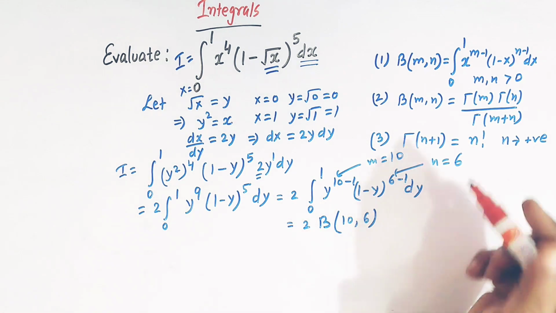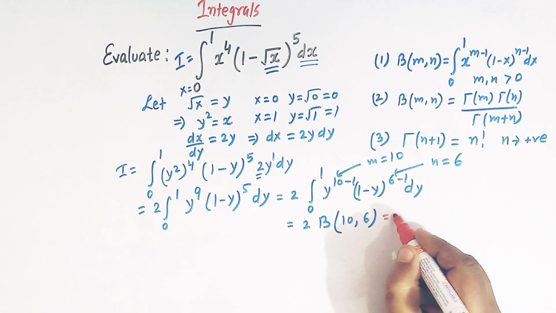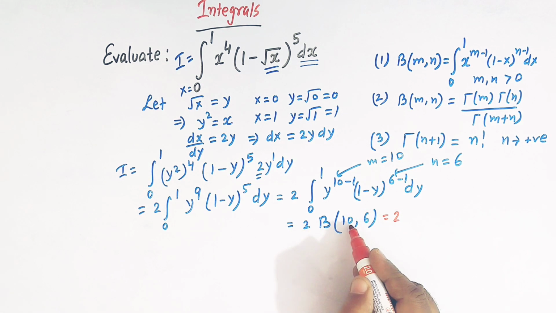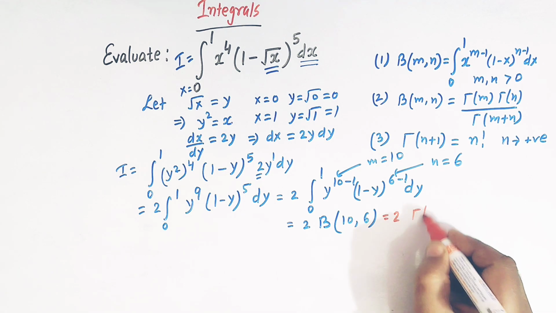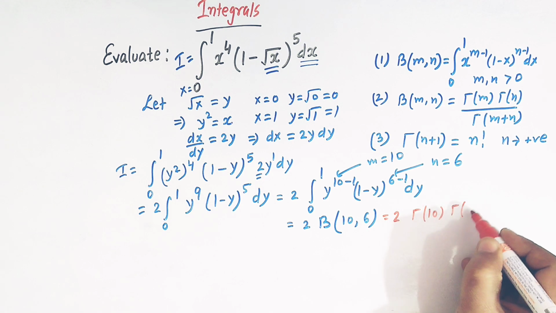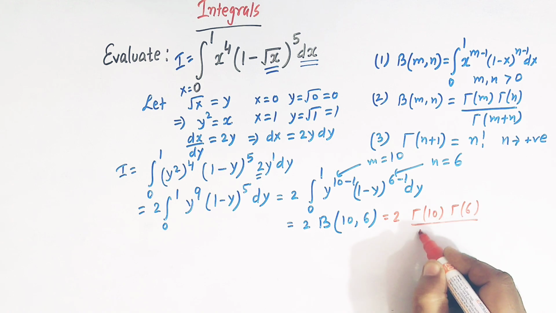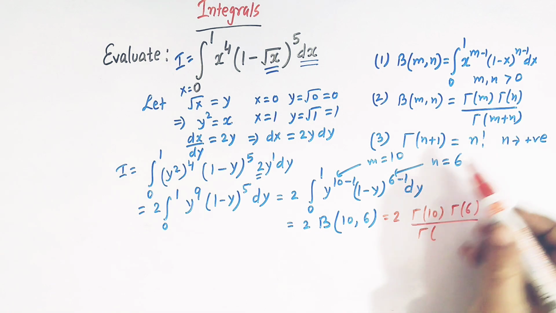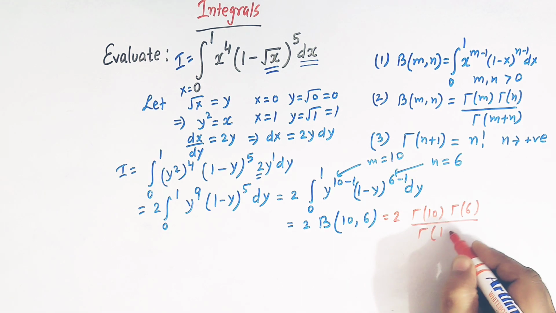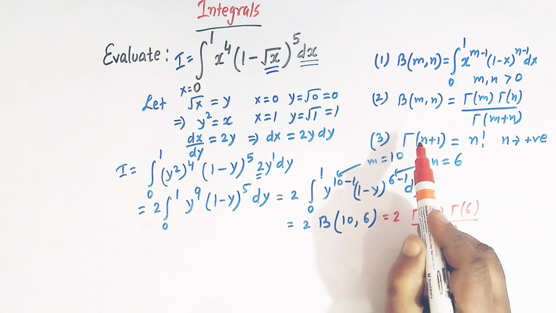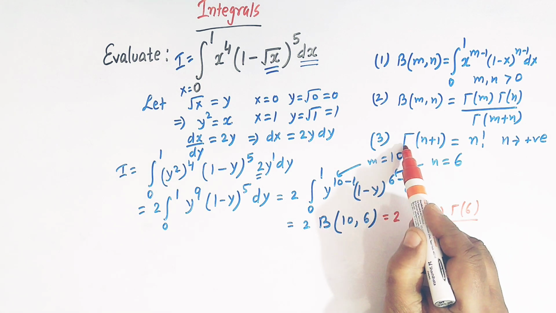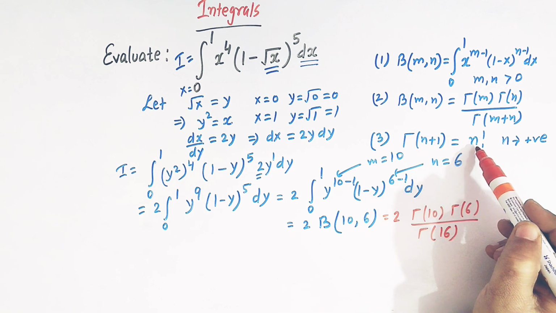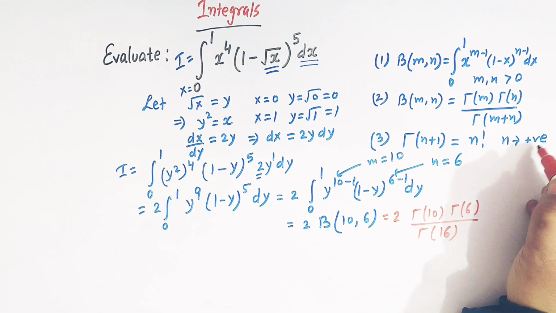So now using the second result, we have 2 beta of 10 comma 6 can be written as gamma 10, then gamma 6, and gamma of m plus n, 10 plus 6 is 16. Now let us use the third result: gamma of n plus 1 is equal to n factorial whenever n is a positive integer.